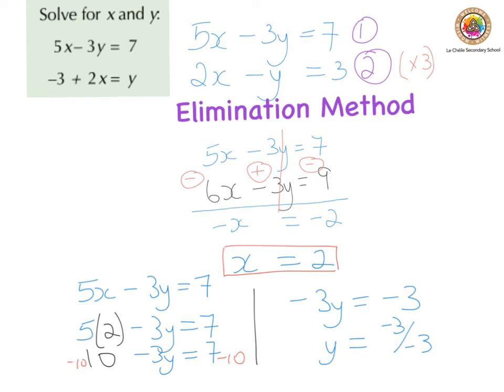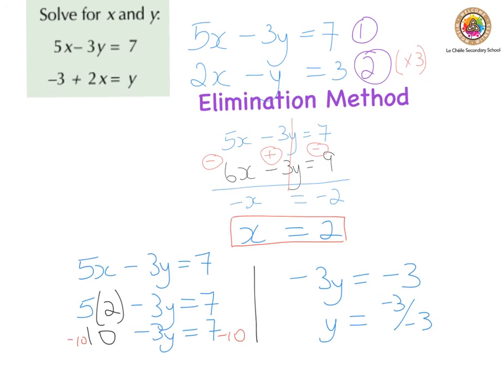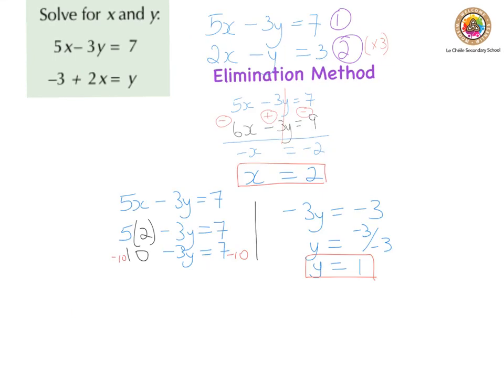So minus 3 divided by minus 3, y is equal to 1. So essentially, the point where both of these lines will cross each other is at x equal to 2, y equal to 1. And so just to write that a little bit tidier, we would write that x equal to 2, comma, y equal to 1, and put a box around it.